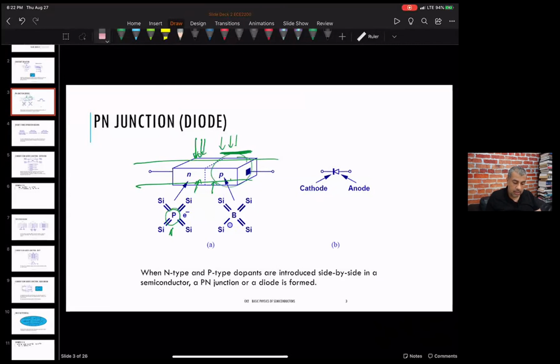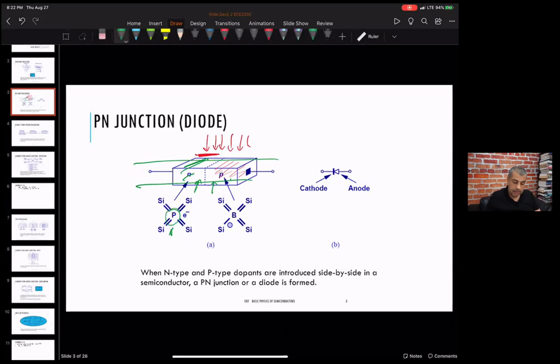Then you cover up this side and bombard the whole thing with boron. So you end up with boron on this side and phosphorus on this side, giving you this NP junction, with the N-type material right up against the P-type material.